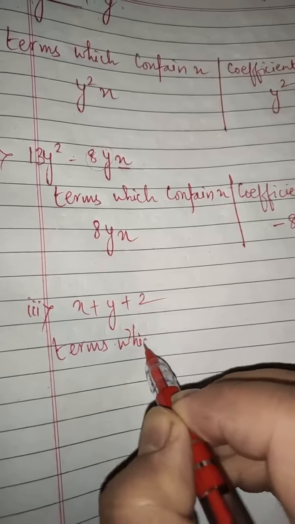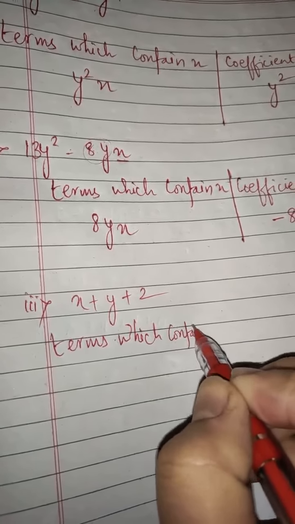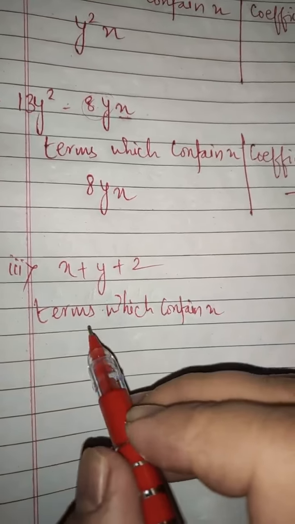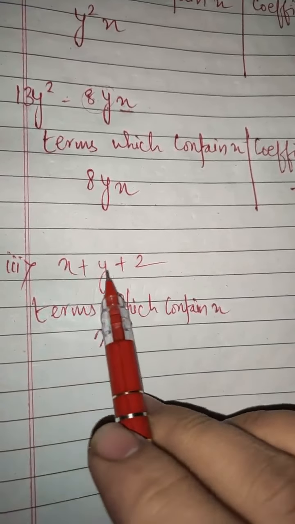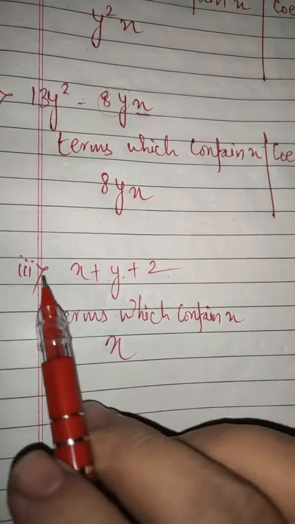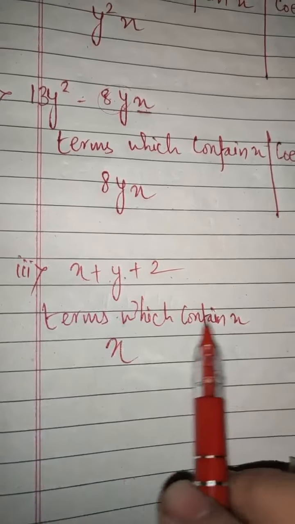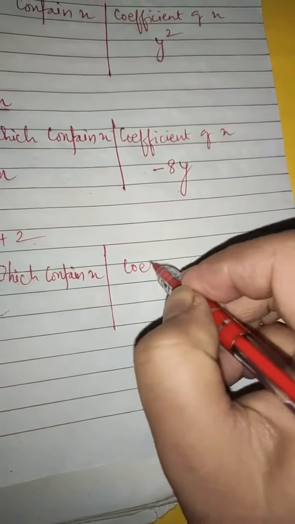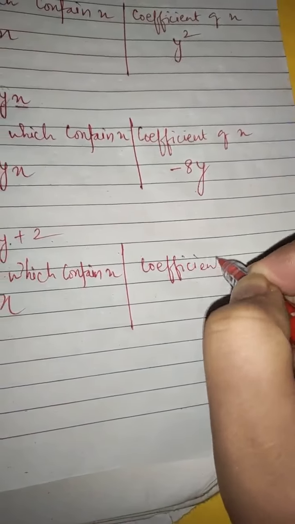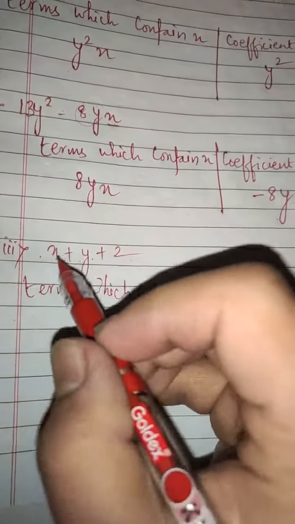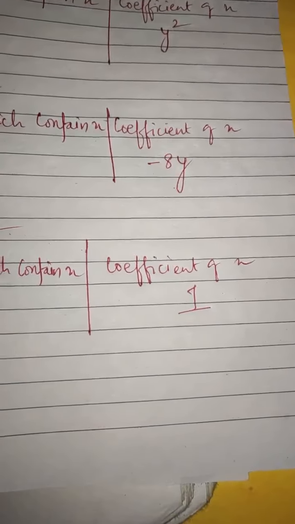Terms which contain x is only x. y is alone here, 2 is alone here, so only x is there. And what is the coefficient of x? In front of x no number is there, that means it is 1. So you may write 1 as the coefficient of x.